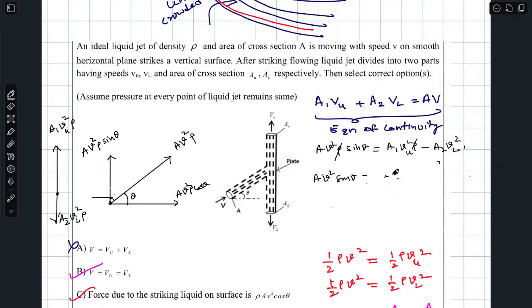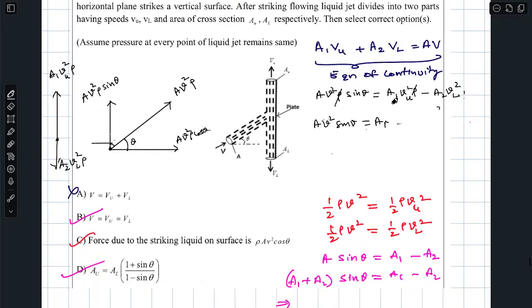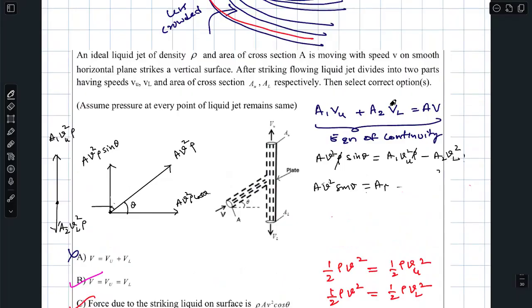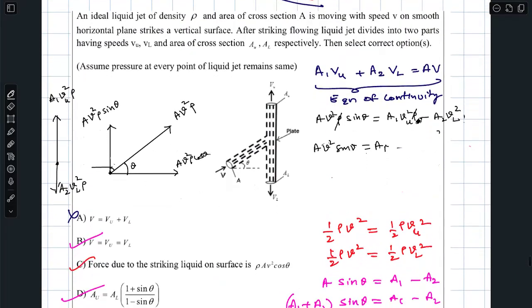A V square sin theta is A1. Now from here you can tell me. Substitute in this. A1 V upper square minus A2 V lower square, which is AV minus A1 V upper square.